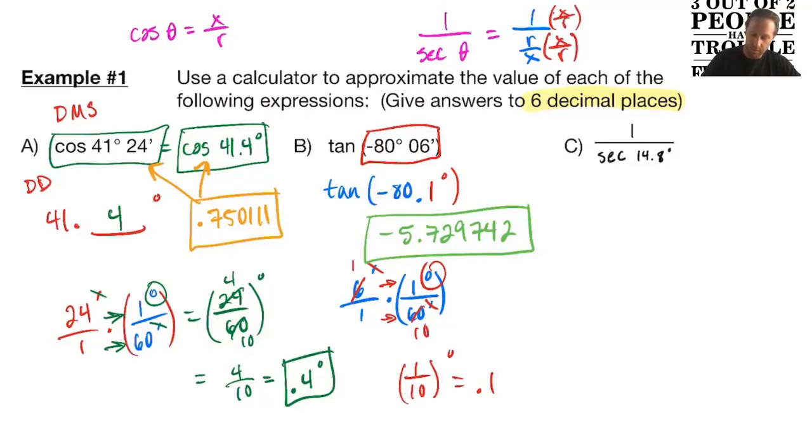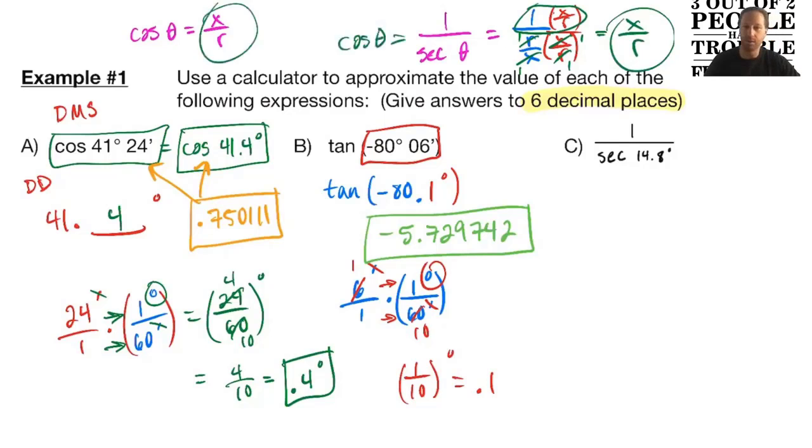And as long as I do it to the top and the bottom, again, this is just a fancy 1 here. And so when I multiply this by 1, you can see what happens is that the x's in the denominator and the r's in the denominator would all cancel out to be 1s. So all we're left with is x over r, which is our cosine. So we know that these are equivalent.